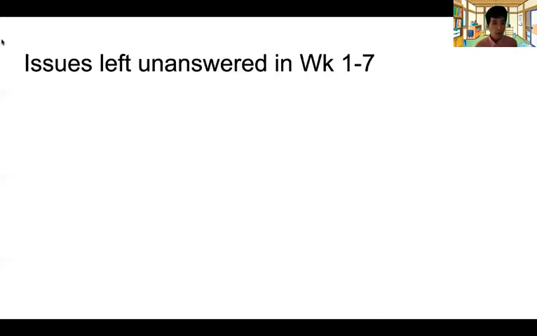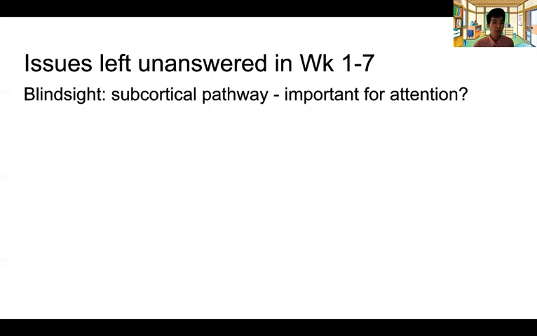Okay. So up until week 7, I put a couple of questions in the slides and also summaries, but haven't answered them directly up until here. Some of these are, for example, in the case of blindsight, which we spent quite a bit of time on, a subcortical pathway was implicated as the culprit of these blindsight behaviors.